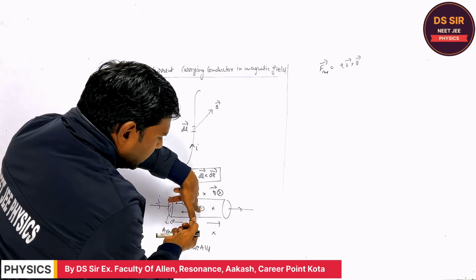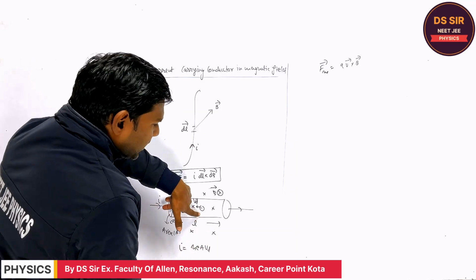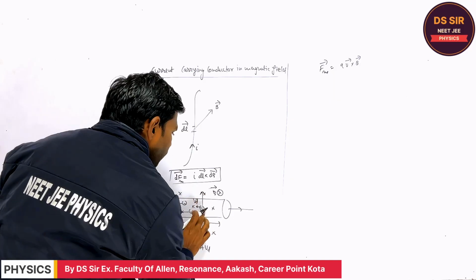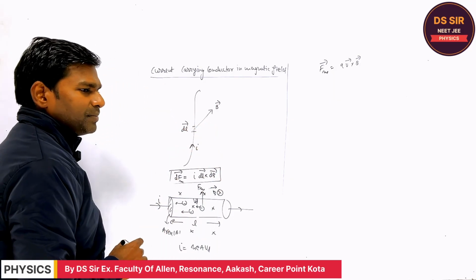So the force should be acting downward, but it is a negative charge, so the force on one electron will be acting in this direction.